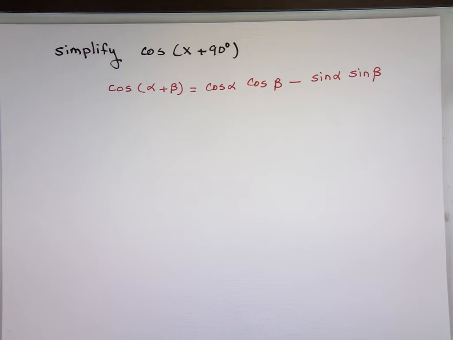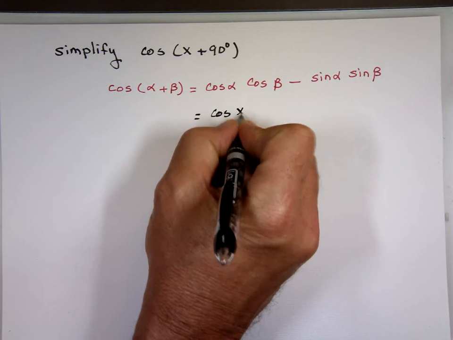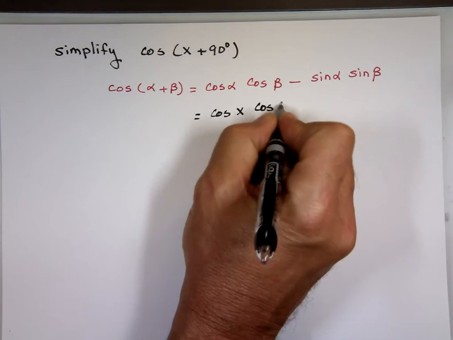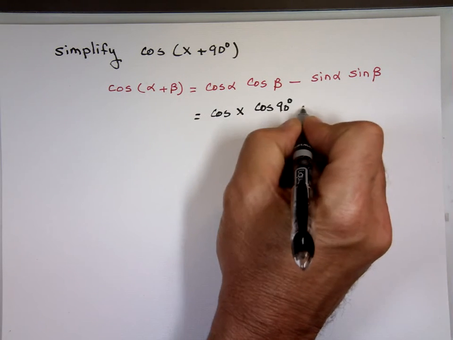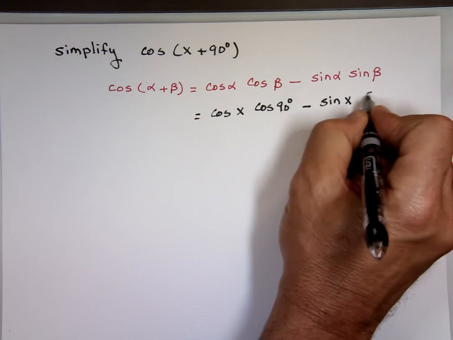What is alpha and what is beta here? Alpha is what? X and beta is what? 90. So it's cosine of x, cosine 90, minus the sine of x, sine 90.